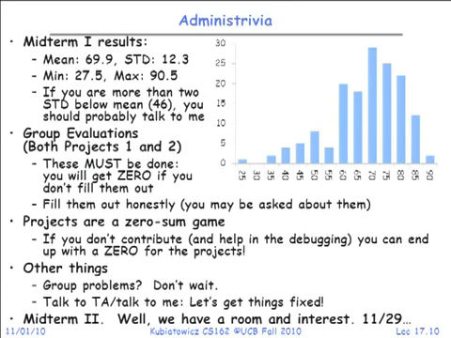So, all right, how many people would like to have another midterm? All right. How many people definitely don't want another midterm? All right. Unfortunately, I think the ones who want another midterm break the tie. How many people don't care?